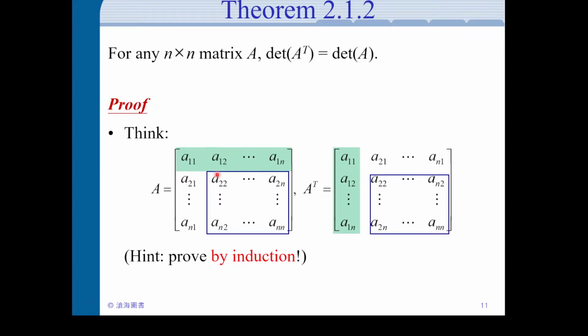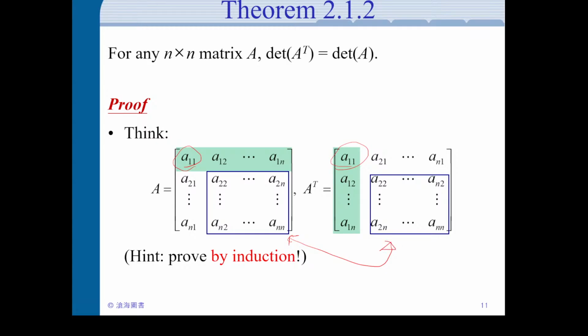So let's take an example. The first term you have when expanding is A11 times the determinant of this matrix. And for the determinant of A transpose, you also have A11 here, and then you multiply with the determinant of this submatrix. And you see that these two submatrices are also the transpose of each other.